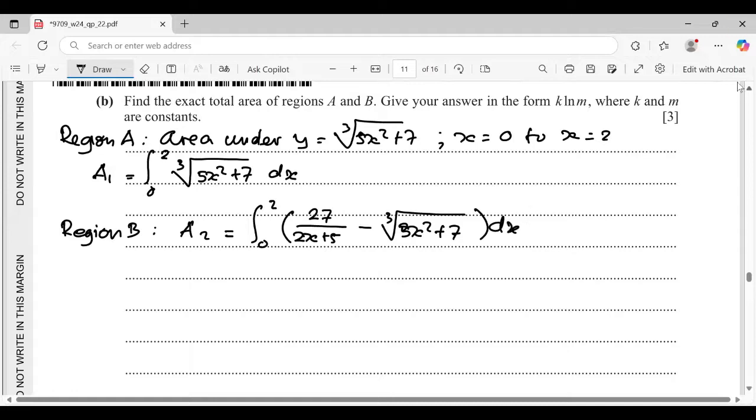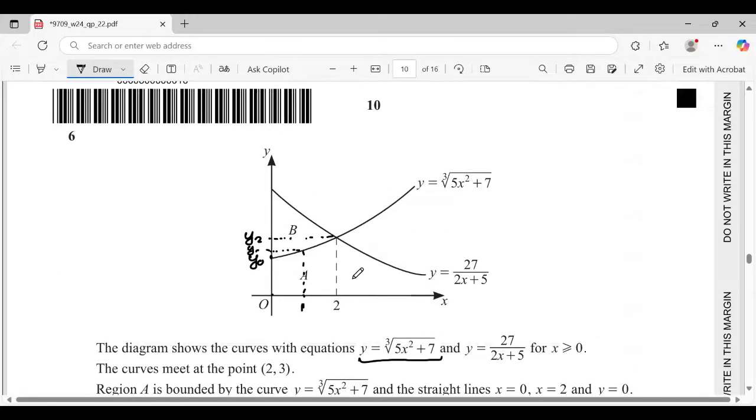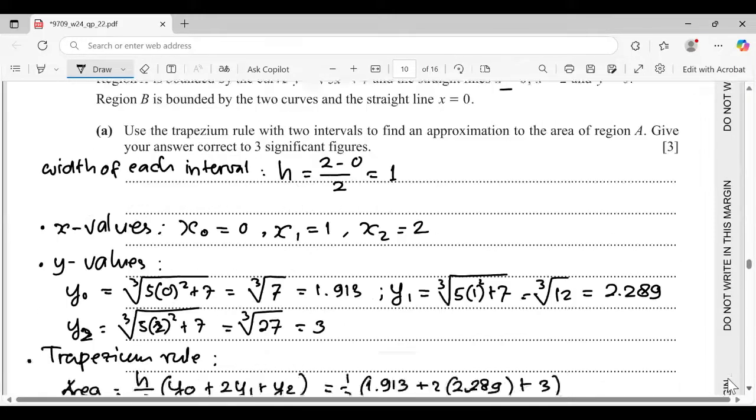So region B is the area under 27 over 2x plus 5 minus the area under this curve. I think this is clear.